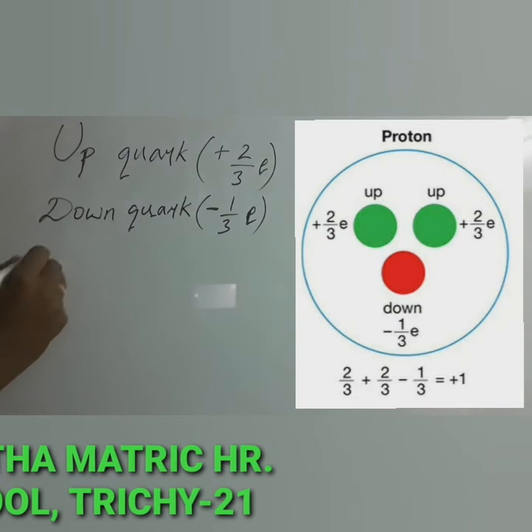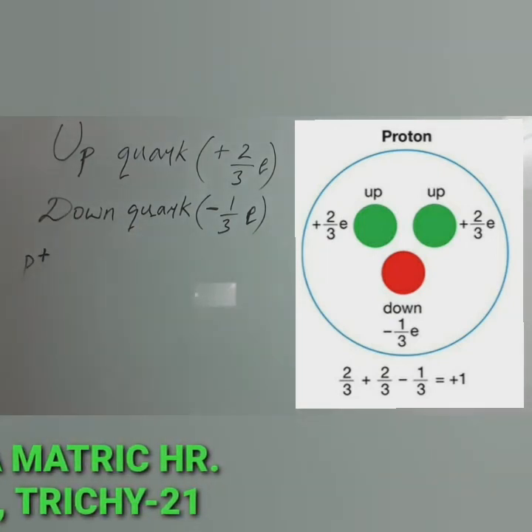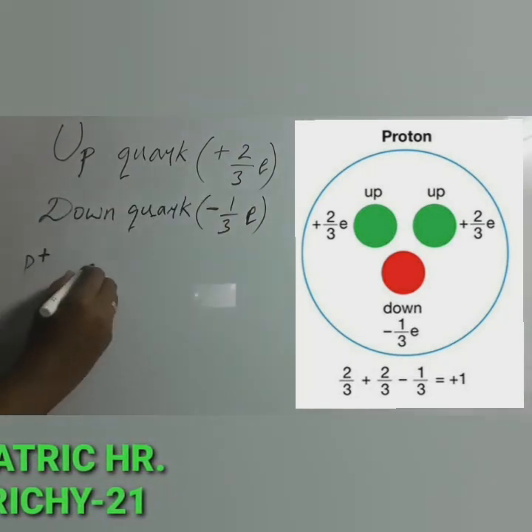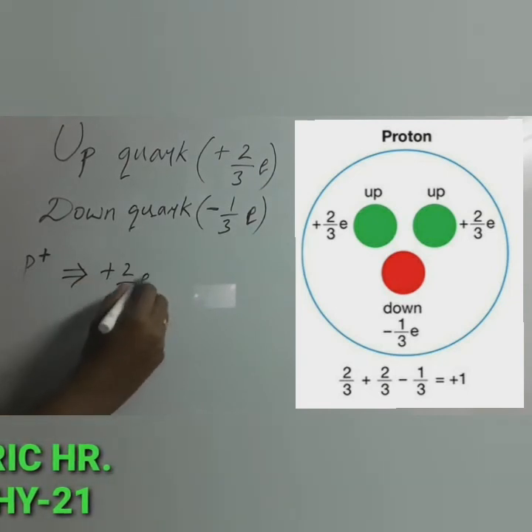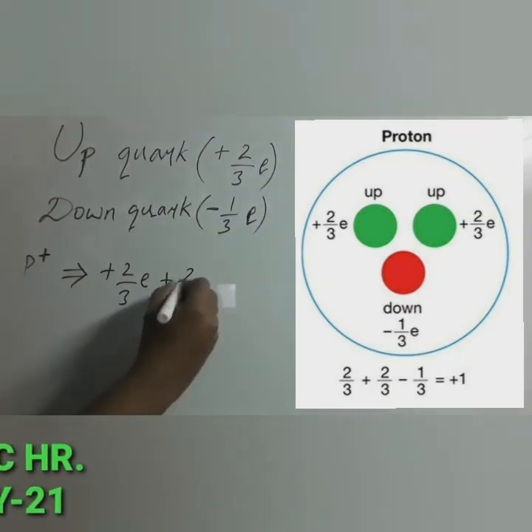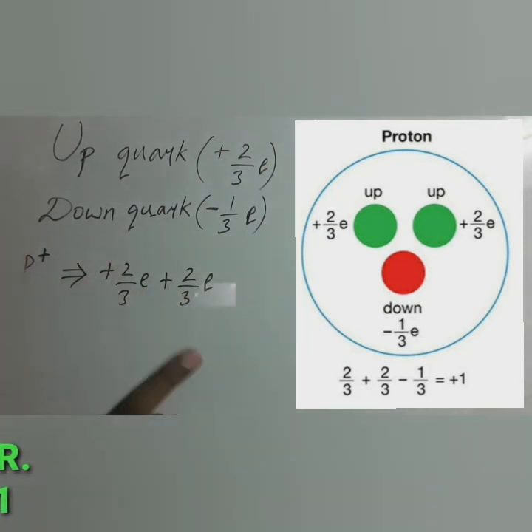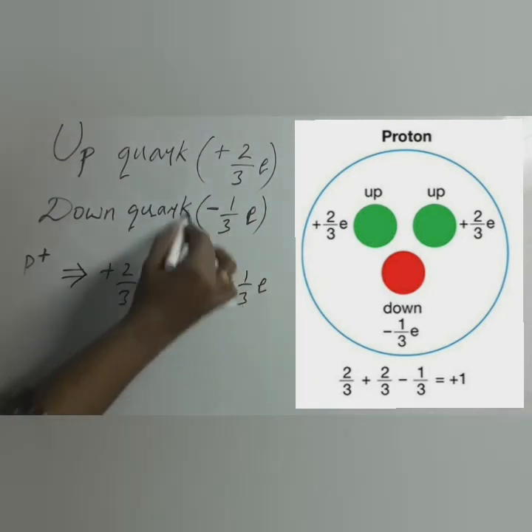In a proton, 2 up quarks are there. What is the charge of 1 up quark? Plus 2 by 3 e. Another up quark is also there, 2 by 3 e, and 1 down quark is there, so minus 1 by 3 e. That is the charge of 1 down quark.